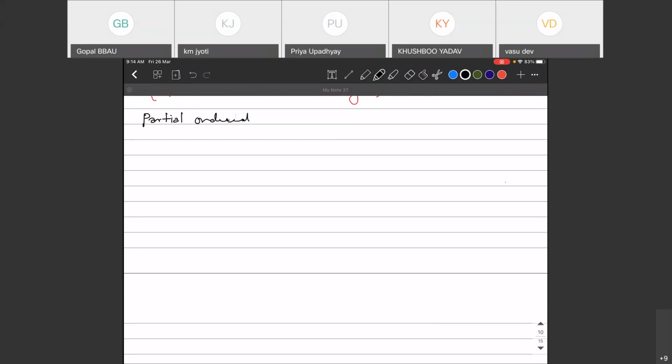You all know what is a partially ordered set? Can anyone recall?